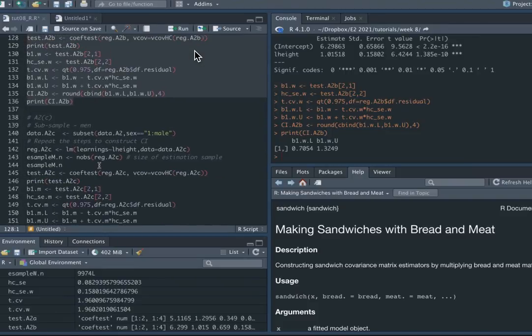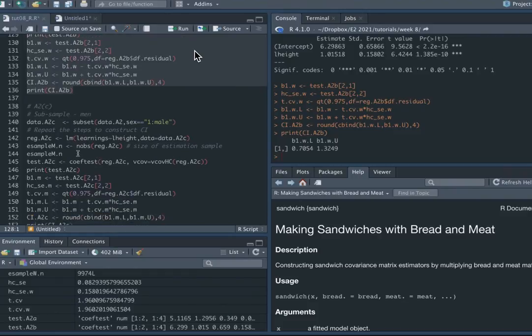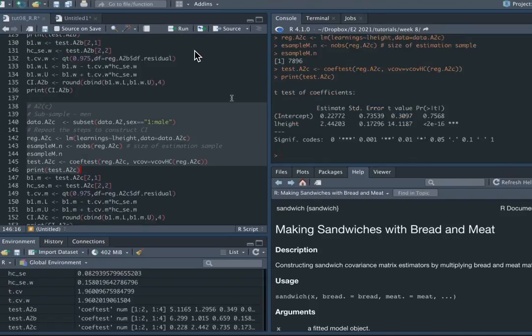So now I can ask you, what's the outcome going to be for men when we do this for men? Is it going to be a number that's larger or smaller than this one? No takers. Larger, yeah, of course, because the whole sample is like an average of men and women.